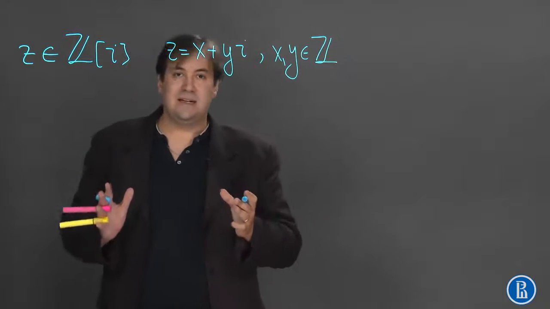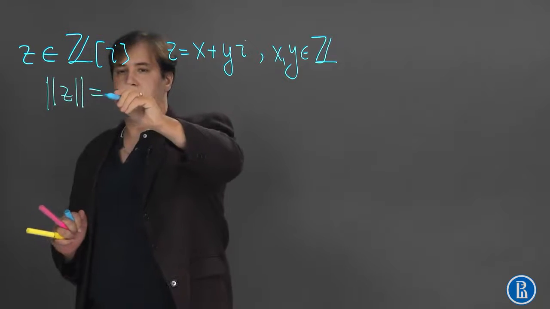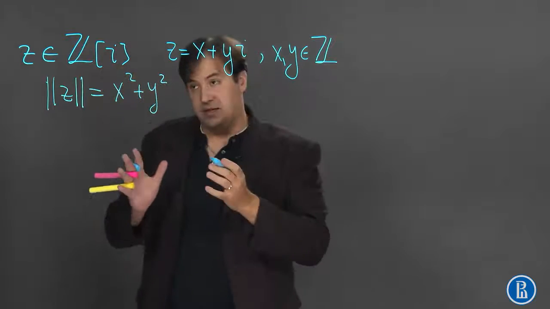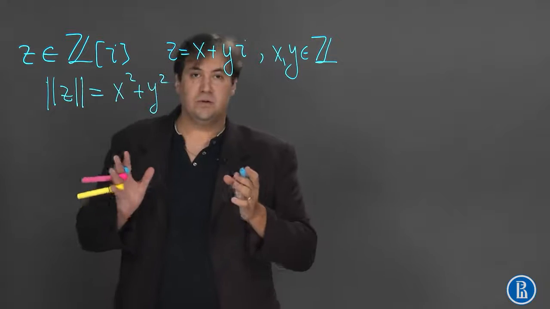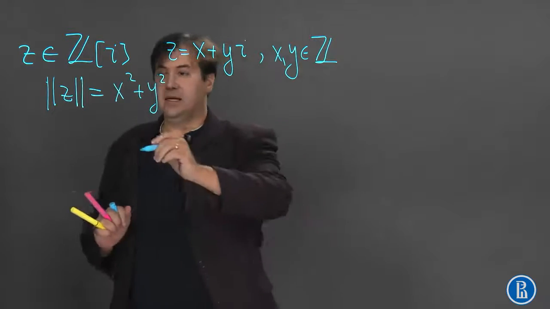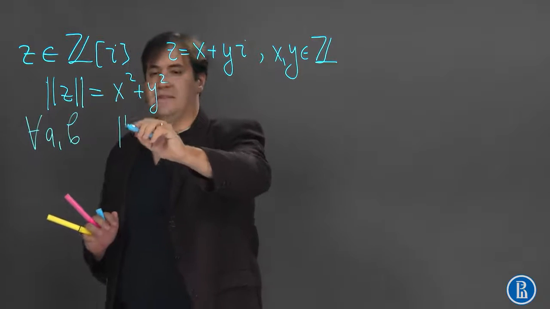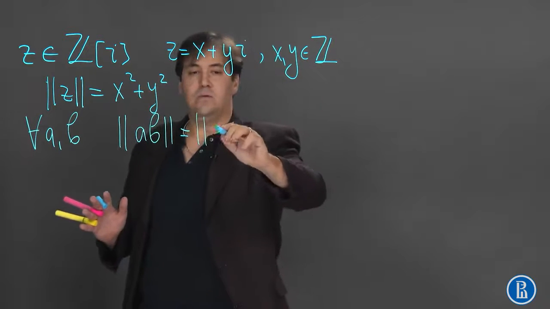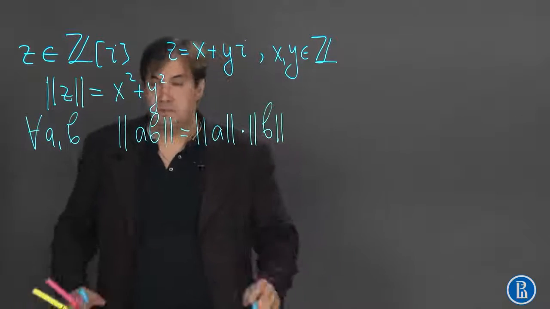For this ring, we define the norm in the following way. And the norm defined this way has a very convenient property which could be very useful for decomposing complex integers into prime factors. Namely, for any two complex integers, the norm of their product is equal to the product of norms of each of these elements separately.